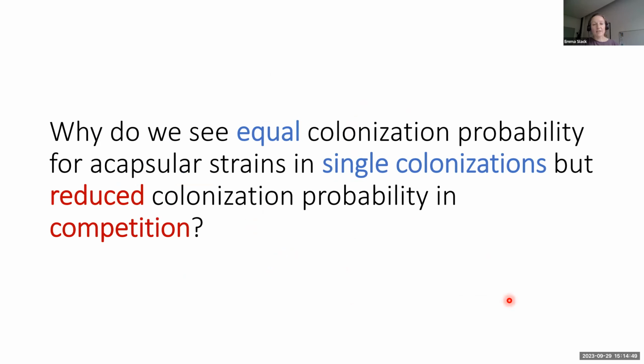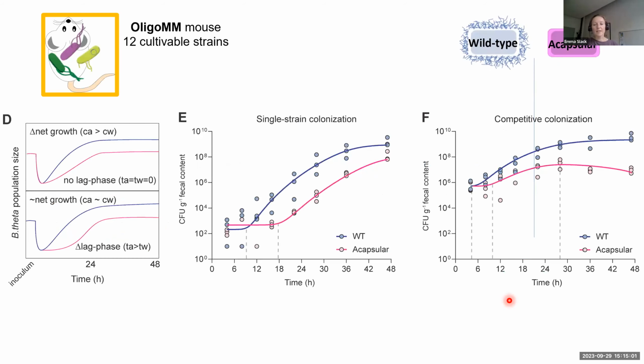So this then raised the question of why we see equal colonization probability for acapsular strains in single colonizations, particularly in these gnotobiotic mice, but we see a reduced colonization probability in competition. And it was then that we noticed that the acapsular strain was actually growing with a considerably longer lag phase, also in vitro, but particularly in the mice.